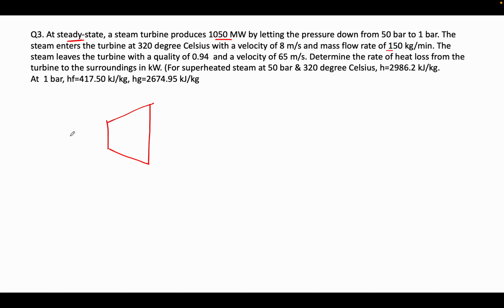Now, this is my inlet condition 1 and this is my outlet condition 2. My initial P1 is given as 50 into 10 to the power 2 kilopascal, and my T1 is given as 320 degree Celsius.